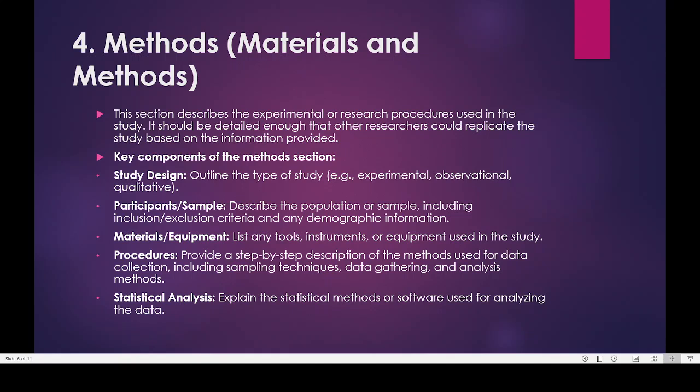If you install a camera like this, even at night you may be able to observe, because these cameras have infrared vision. Such equipment gives you more information and more data about the field area that you are going to work in. So this is an idea about the materials and equipment that you have used.